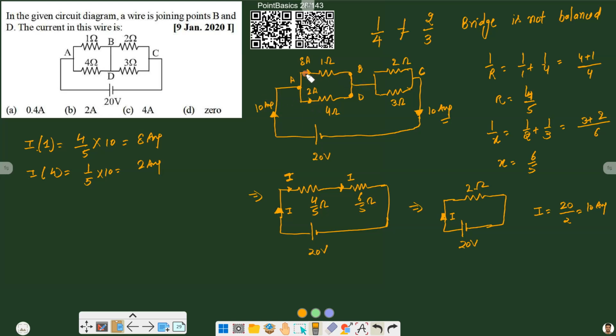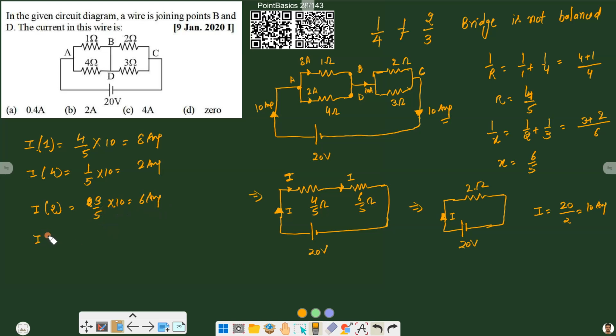Now again these two currents will combine here and will reach here. Again it will be 10 ampere. Now out of this 10 ampere, how much will be passing through 2 ohm? So I of 2 will be 3 by 5 into 10, that will be 6 ampere.